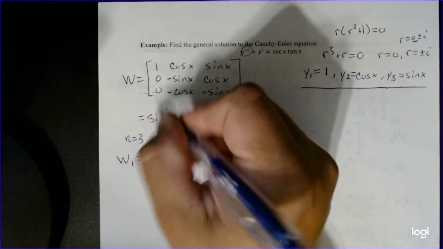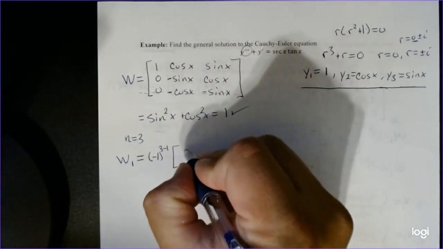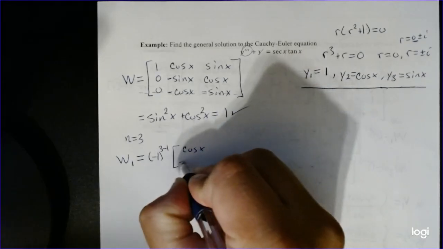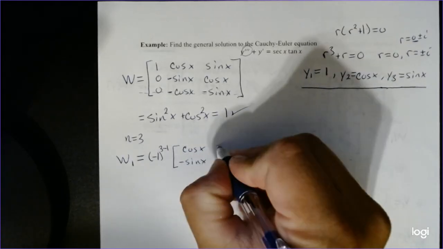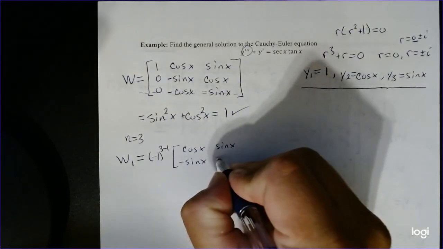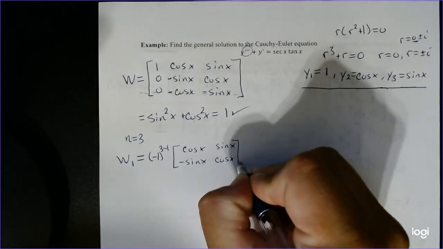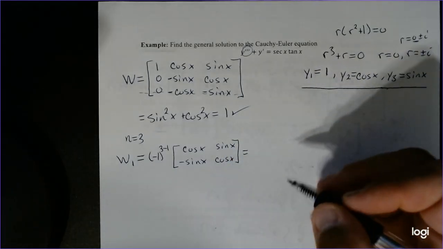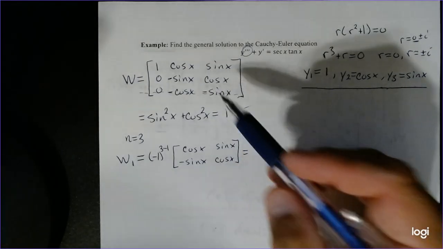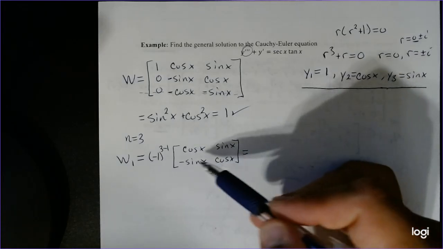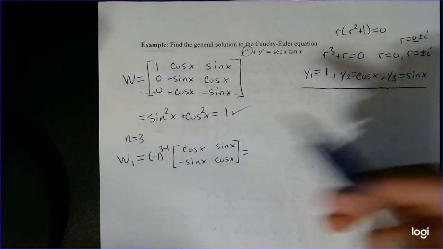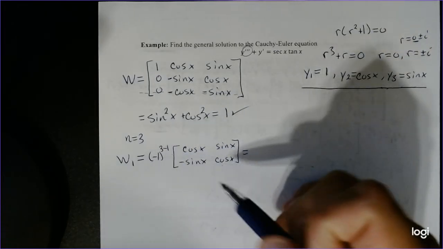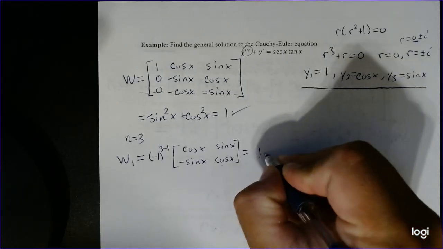So get rid of this one, and we're left with cosine x, negative sine x, sine, and then cosine. If you notice, it kind of follows the same pattern as we did above. This times this minus that times that is just exactly this. And this is negative 1 squared, which is 1. So this also equals 1.